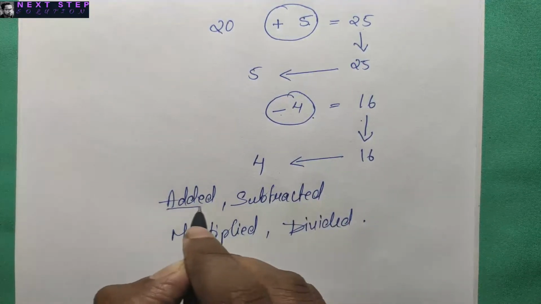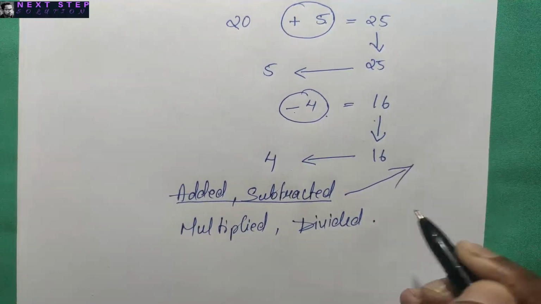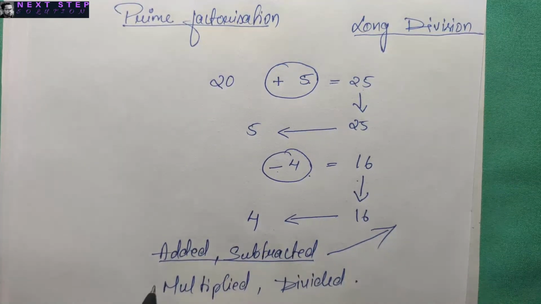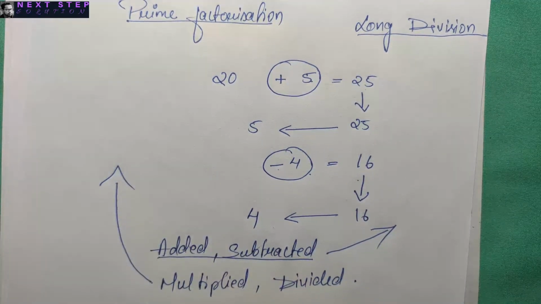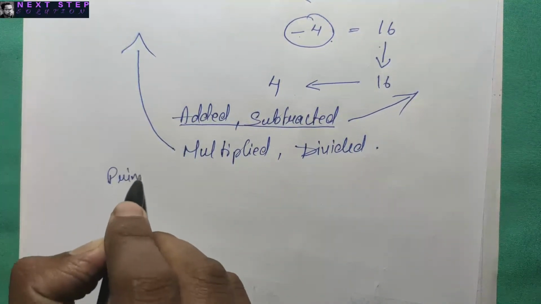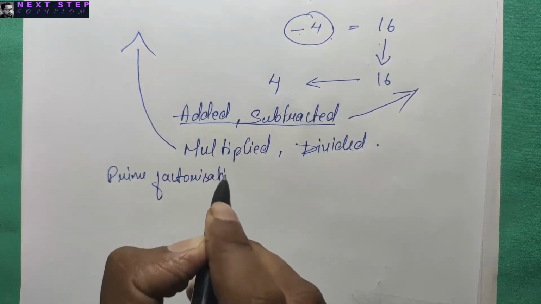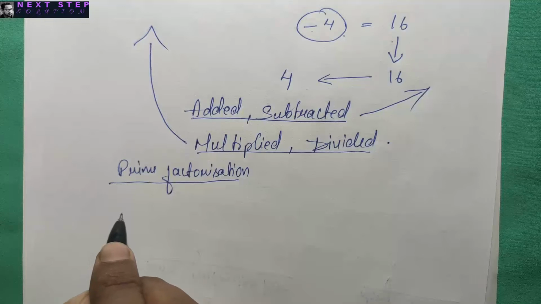If the question is what should be added or subtracted, we are going to follow the long division method. If the question is what should be multiplied or divided, we are going to follow the prime factorization method. Why? In prime factorization, we multiply numbers to find a number.